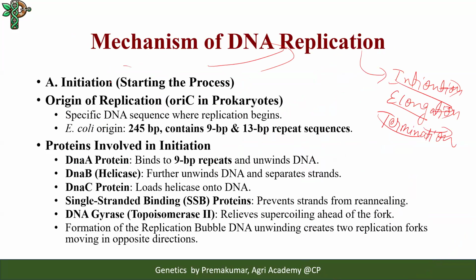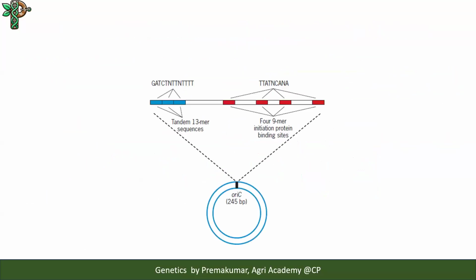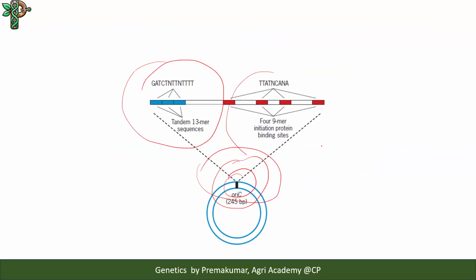Initiation is actually the starting of the DNA replication process. You can see here where the initiation occurs, at the site of the origin of replication. This region consists of a 13-mer sequence and 9-mer sequences. Why is it so important?